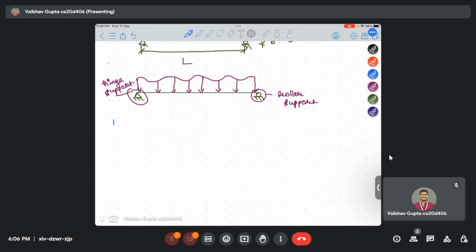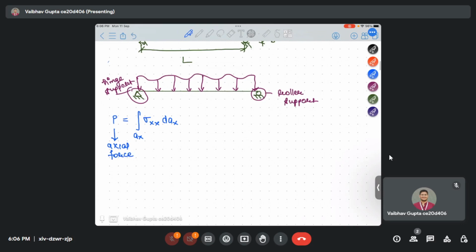So we got the axial force P equal to the area integral of sigma xx dAx. This is the axial force, first formula. Similarly, we got the shear force acting in y direction, which will again be the area integral of sigma xy dAx.